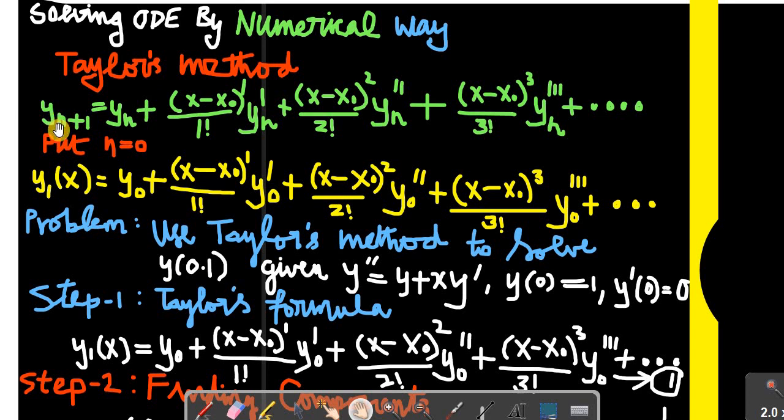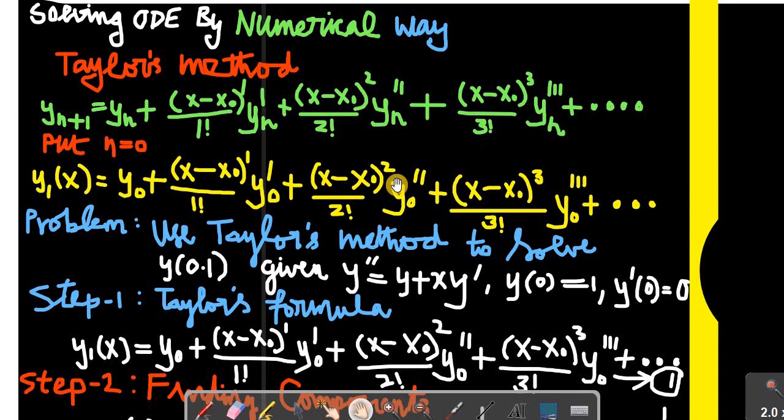When n equals 0, this equation will become like this: y1 of x equals y0 plus, here n is 0, so all this will come as it is, the first derivative at x equals 0, plus the same terms as they are, the second derivative at x equals 0, plus the third derivative at x equals 0, plus dot dot dot.